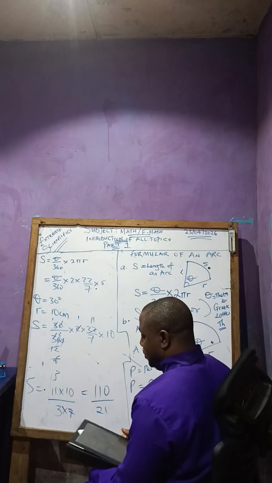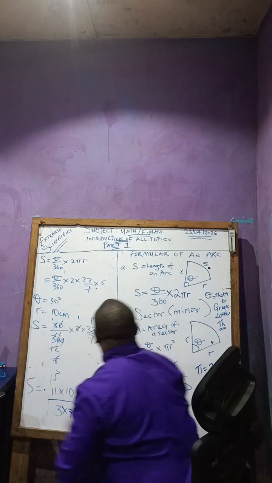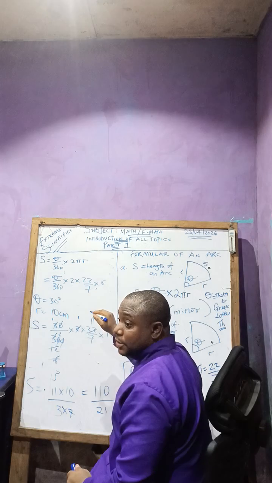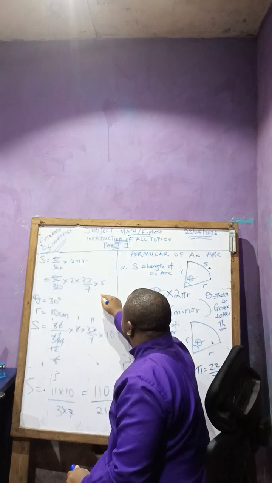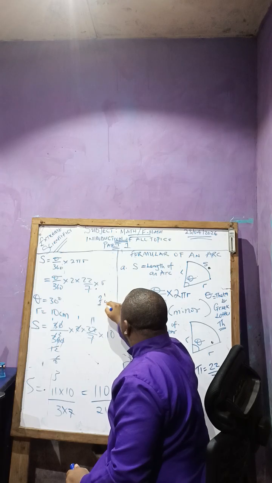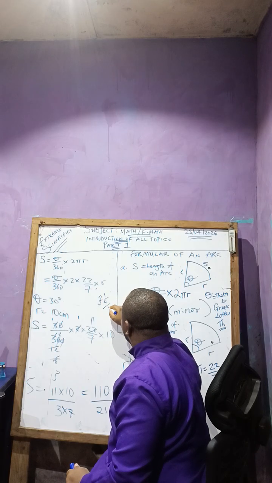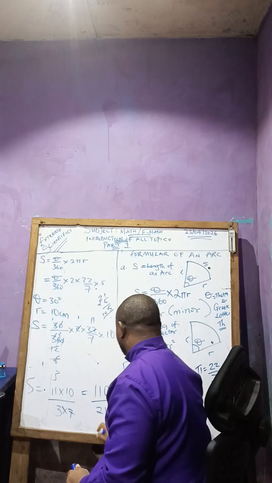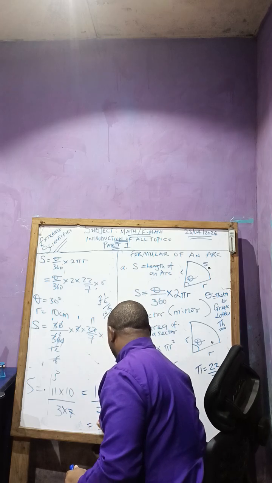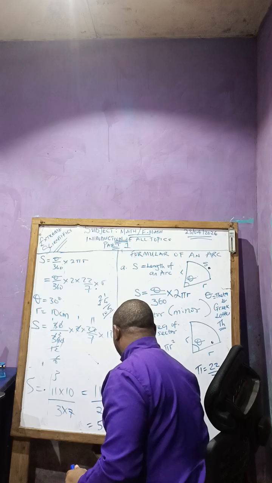It is actually 5.23. What does it mean? 21 times 5 is close to 105. So it's 105. It's close to 5.22.